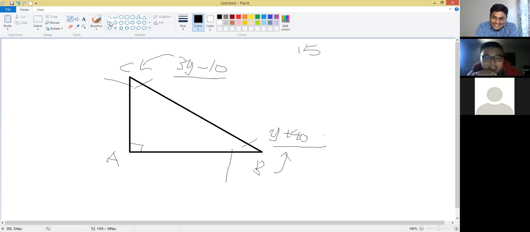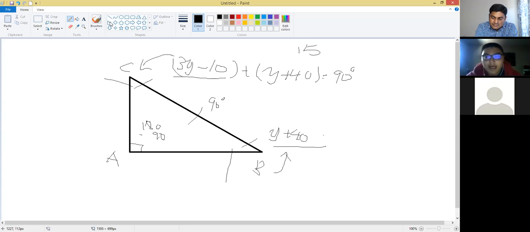So right now, it's about the total angle of a triangle. The total of this triangle is 180 degrees, right? Yeah. So we have 90 degrees here, which is minus 90. You have angle B and angle C, 90 degrees left over. Therefore, 3y minus 10 plus y plus 40 should equal 90 degrees.